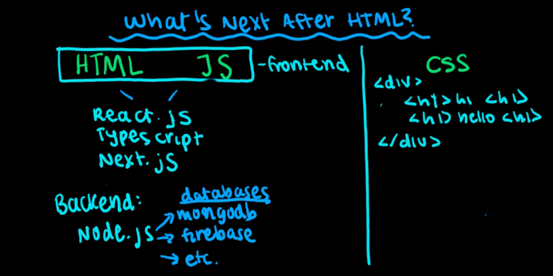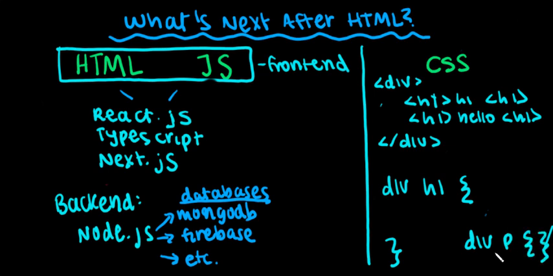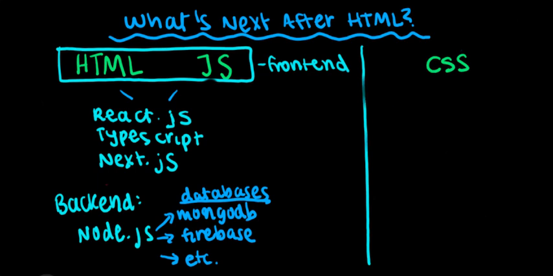Now let's say that you want to style all the h1s inside the div. Now you'd probably do div h1 and something like that. But every single time you want to style something in div, you have to create a new one for that, kind of like this. But there is another alternative to CSS, and this is called SCSS.